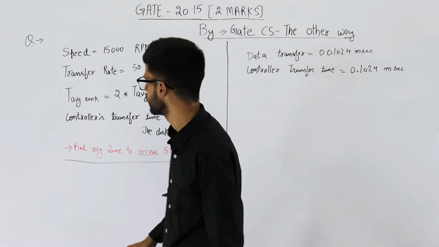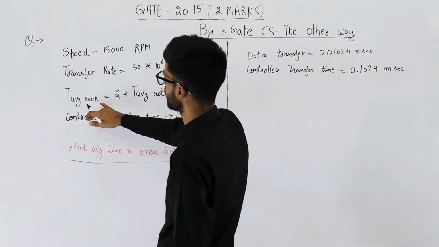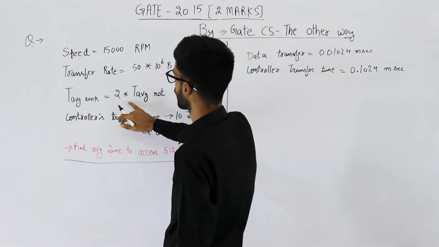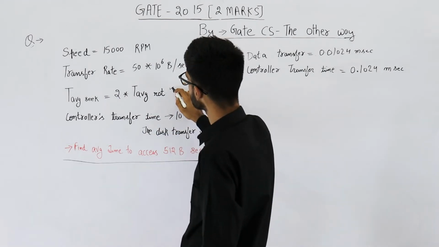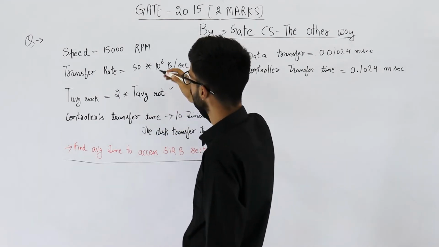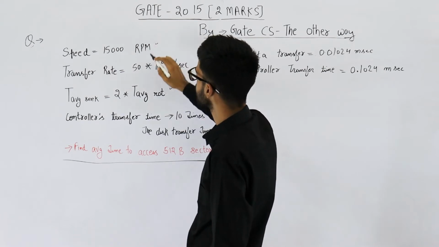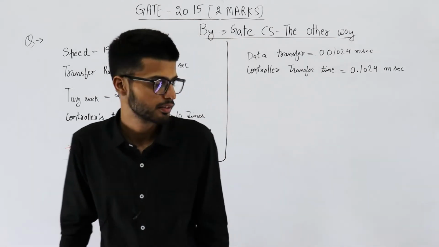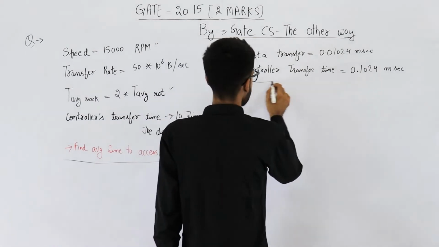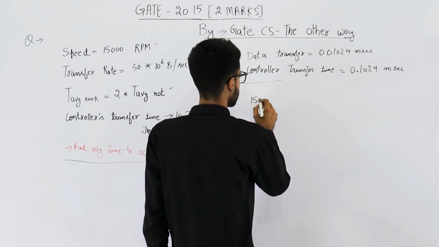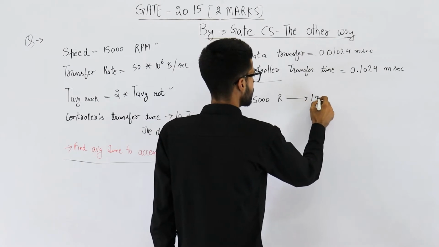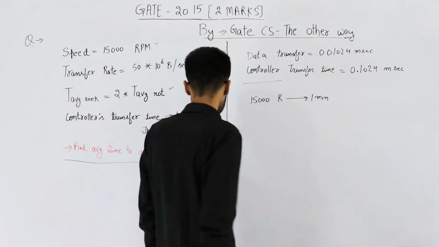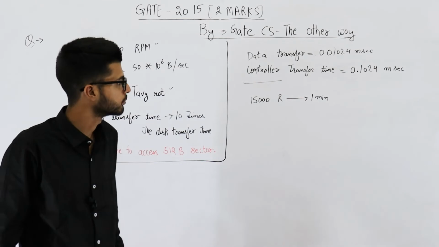Okay. Now let's talk about the seek delay and rotational delay. They are saying the average seek time is twice the average rotational delay. We can certainly find the average rotational delay because we are given the speed of the disk. So the speed of the disk is given as 15,000 rotations in 1 minute. Okay. 15,000 RPM.